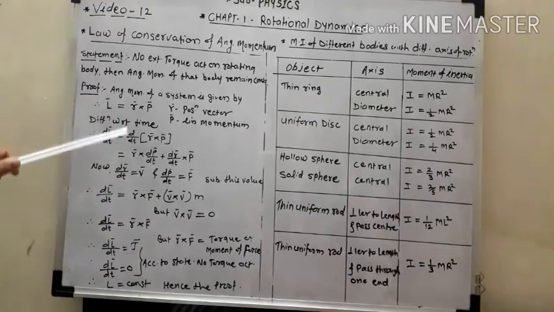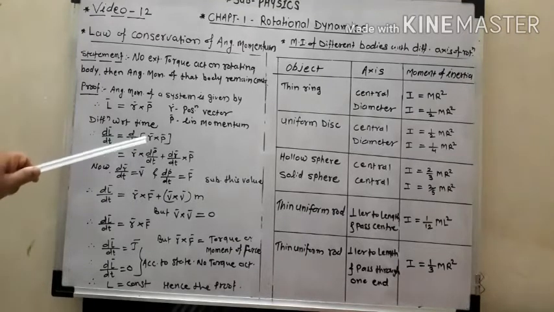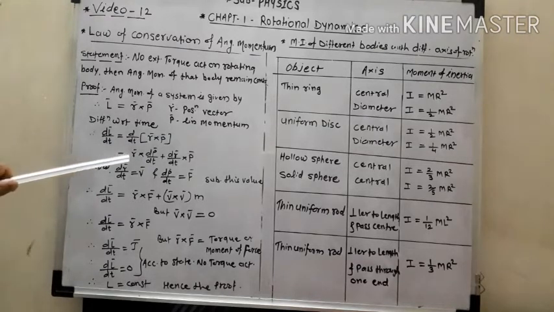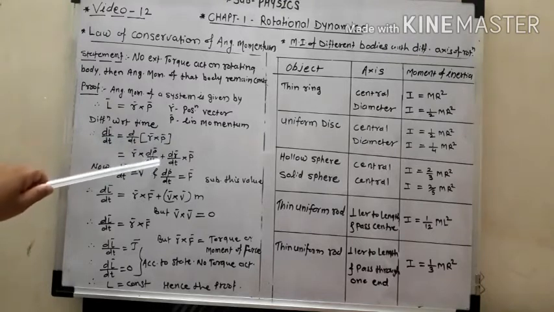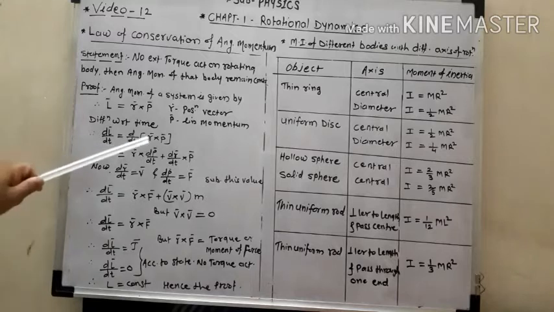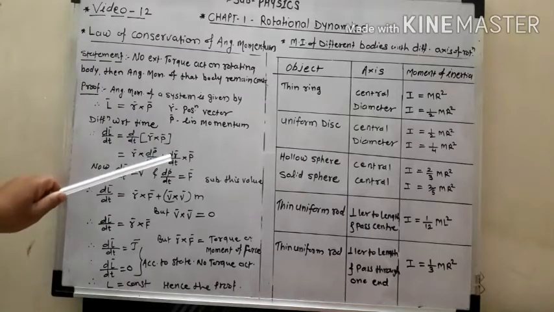By using the chain rule, we can write dL bar by dt is equal to R bar cross dP bar by dt plus dR bar by dt cross P bar. This is the differentiation with respect to time.